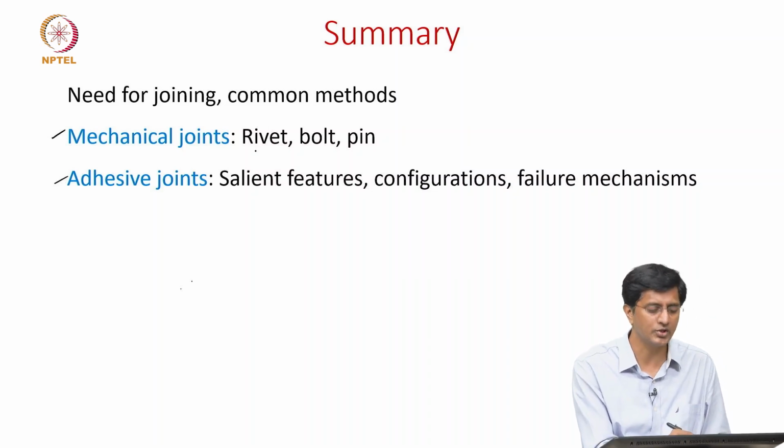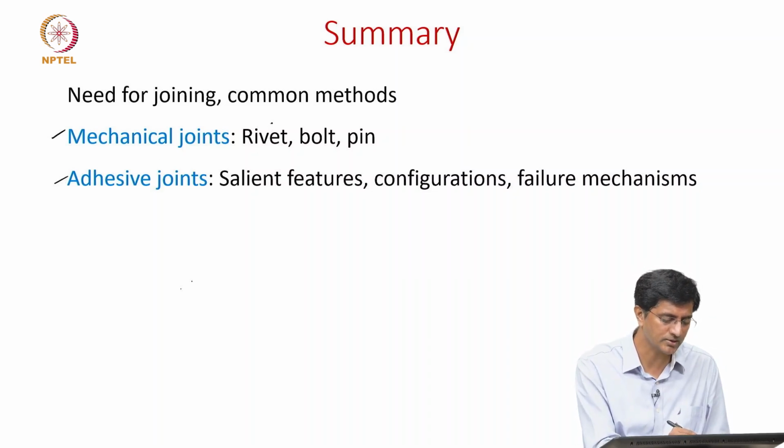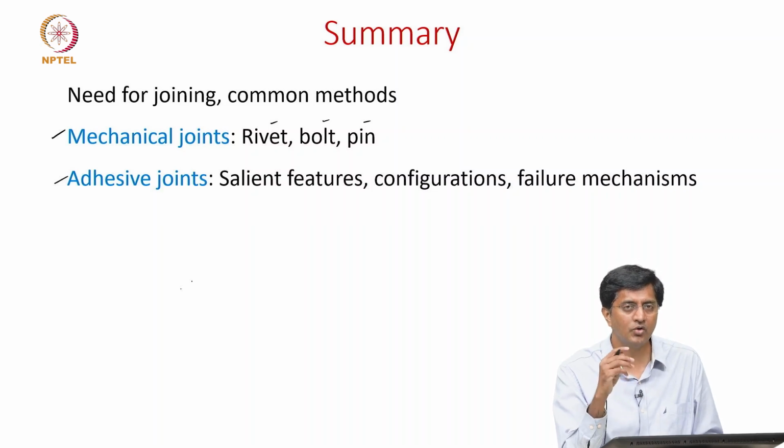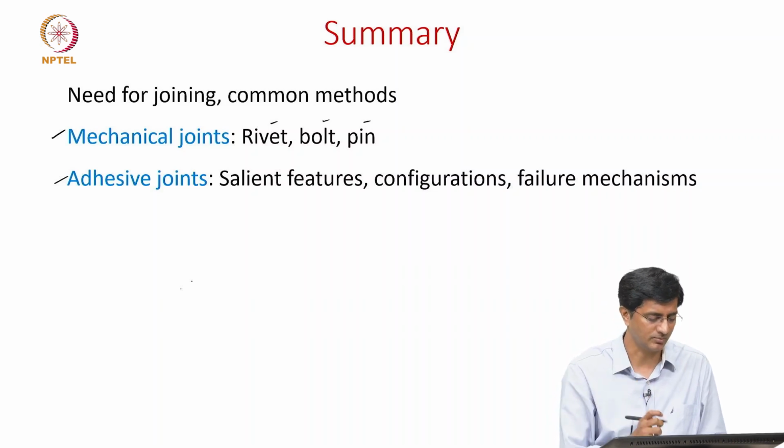For the mechanical joints, we showed the different options like the traditional rivet, bolt, and pins, and we also discussed a few failure mechanisms. There we were able to show how we can improve the design of these joints to avoid common failures in bolted joints, for example.